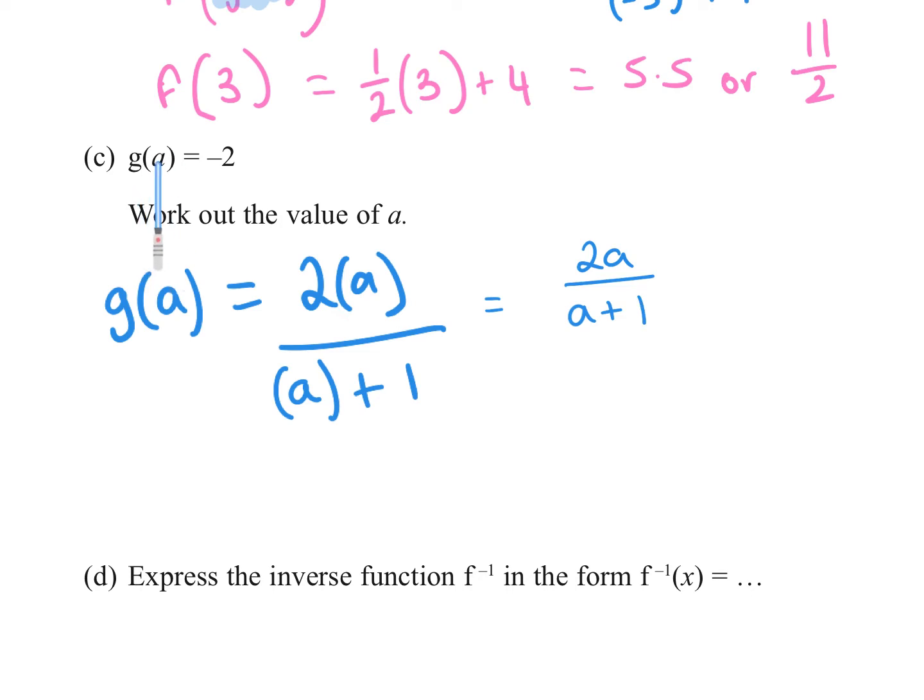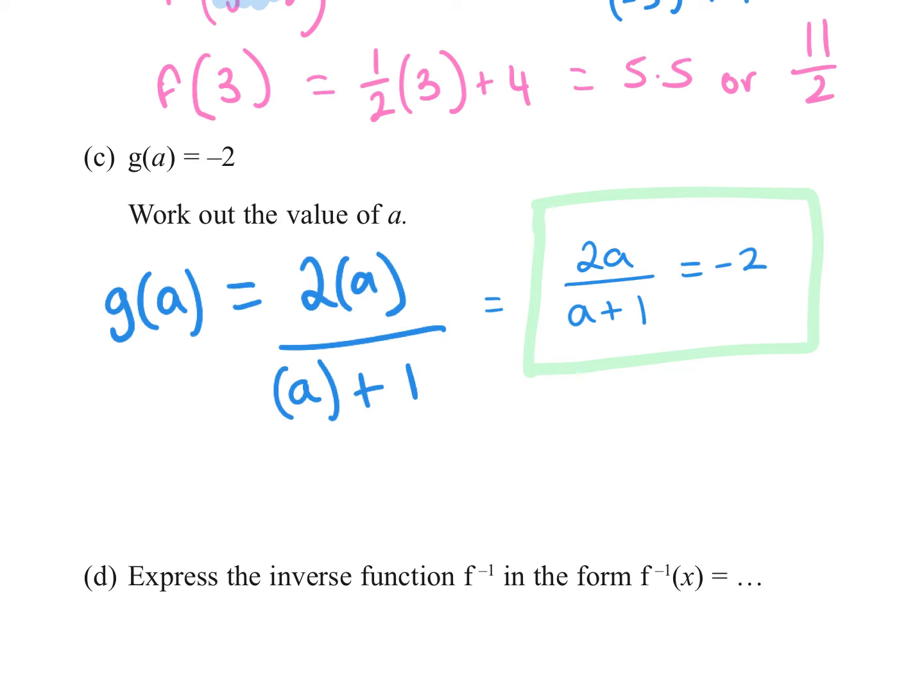Now it tells me in the question that g of a equals negative 2. So what I have is this, in fact, equals negative 2. What I now have is an equation that I can solve. So now this goes back to solving equations, okay? So this skill now is solving equations.